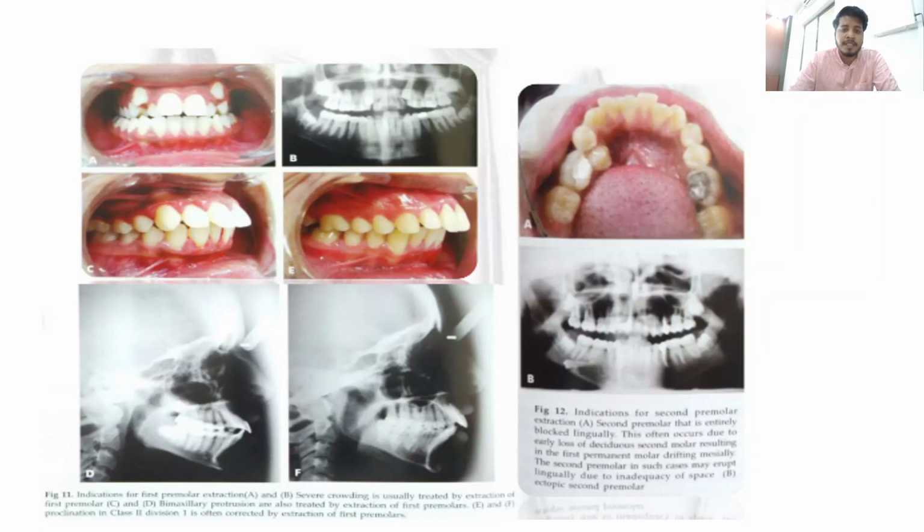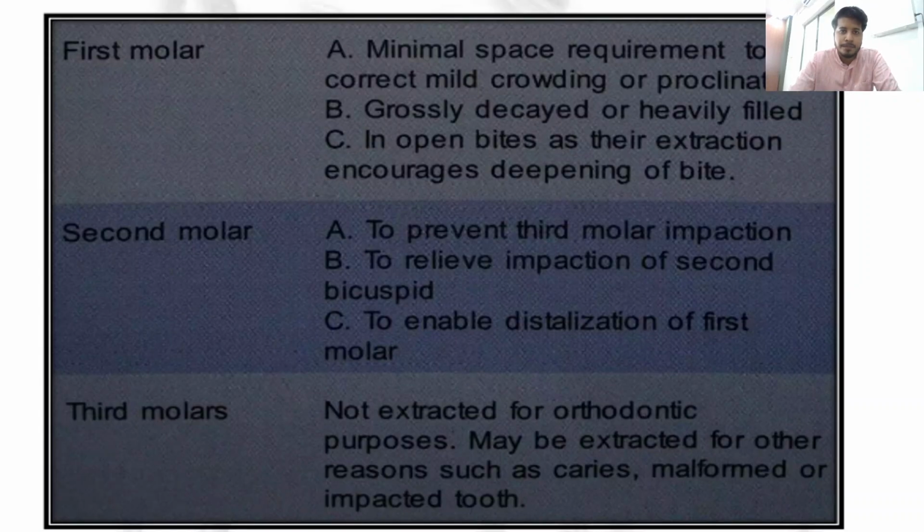In these pictures you can see there is a bimaxillary proclination in C and E cases, and there are ectopically placed or buccally placed canines. On the other side, in figure number 12, you can see a completely blocked premolar. You can extract such a tooth.